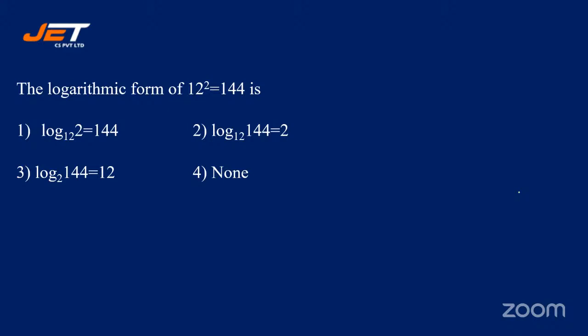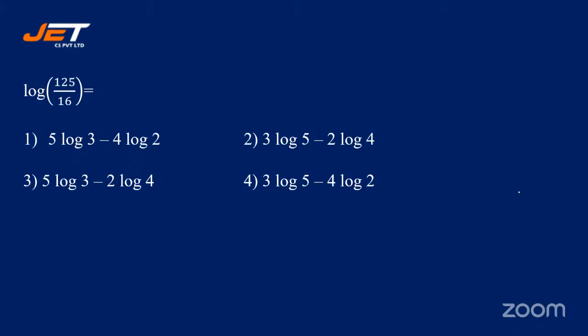So the 12 would become the base. So log 144 base 12 is equal to 2. So it should be option 2. All right, see the next question.